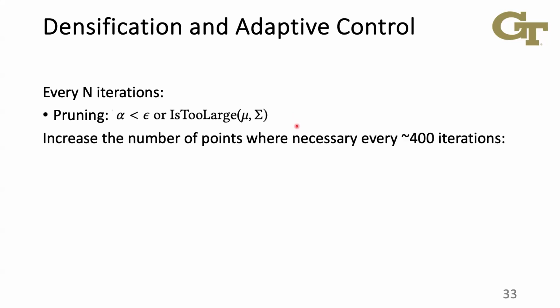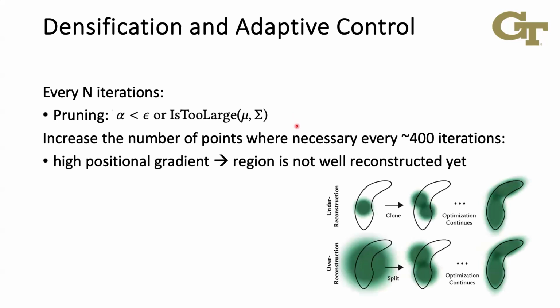And next to this pruning, which is taking out Gaussians, we might want to increase the number of points where necessary. I think they do every 400 iterations, but it's just a hyperparameter. So they have a densification every n iterations. This is yet another heuristic that they observe: a high positional gradient in view space. That means we have this Gaussian and our loss function, and we differentiate the loss function with respect to the position of this Gaussian, and that's the positional gradient.